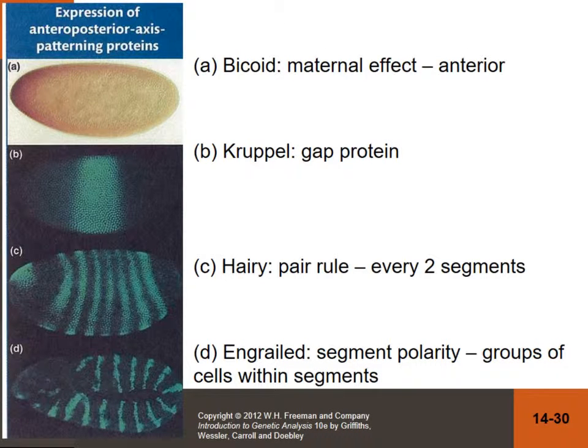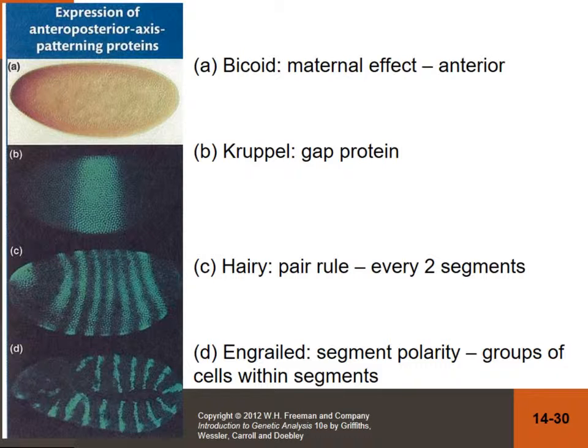So in A, at the top of the screen, we can see the bicoid maternal effect protein, which is expressed in a graded pattern from the anterior pole. So you can see that darker shading to the left of that embryo, which represents the bicoid protein.